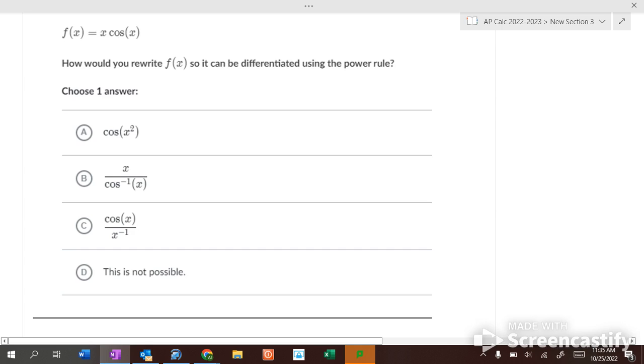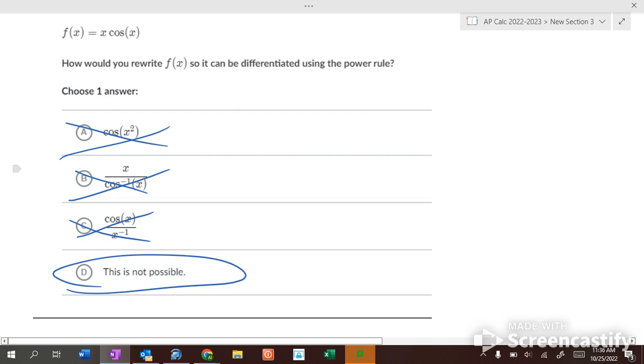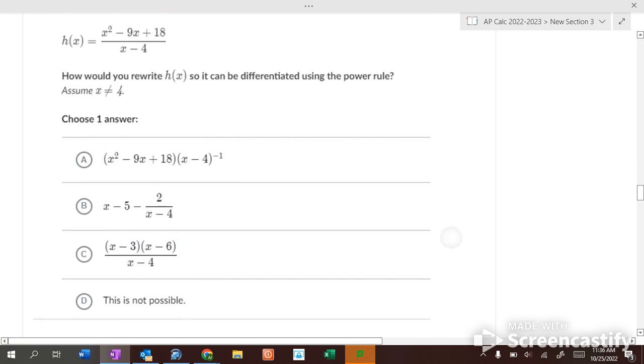Can't you just take this x times this x to make x squared? No. This would be the what rule? Quotient rule. This would be the quotient rule, so this is not possible. You are going to factor again.